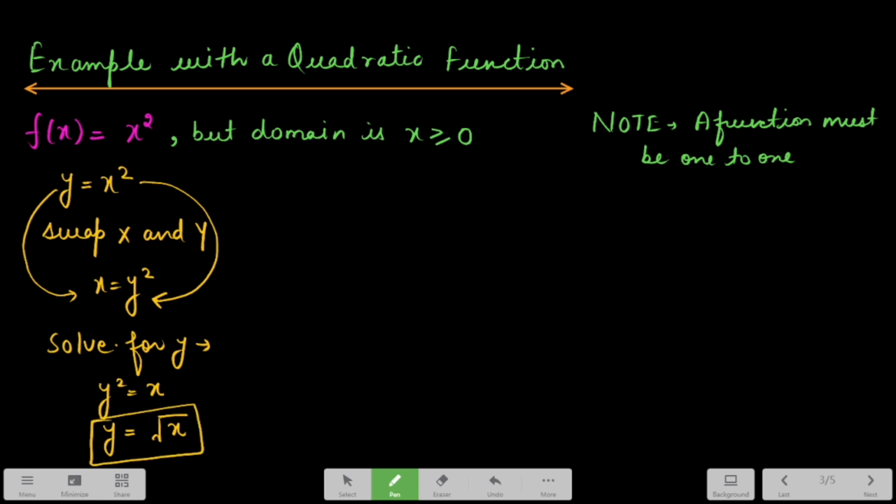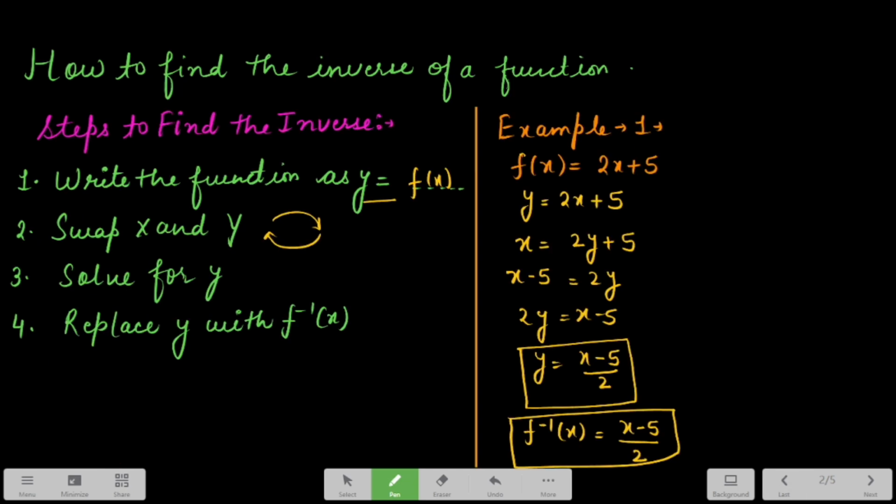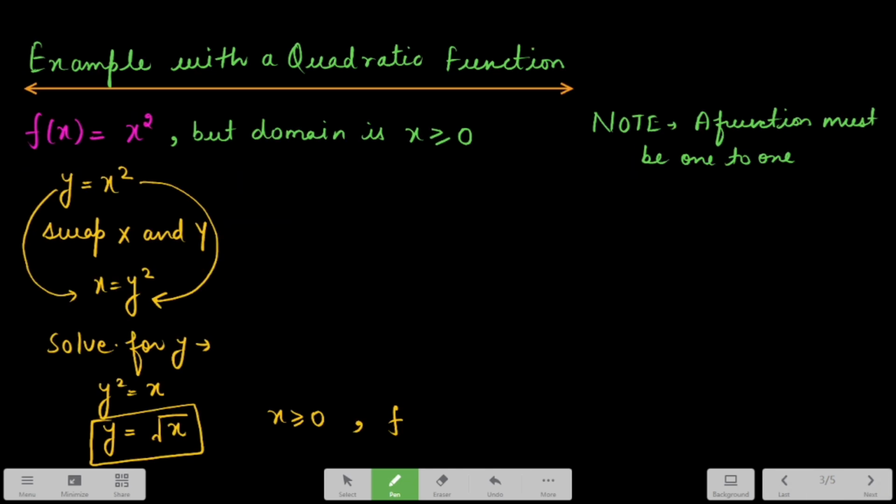Since the original domain was x greater than or equal to 0, we choose only the positive root. Now the fourth step is replace y with f inverse(x). f inverse(x) = root x. This is the inverse of the function.